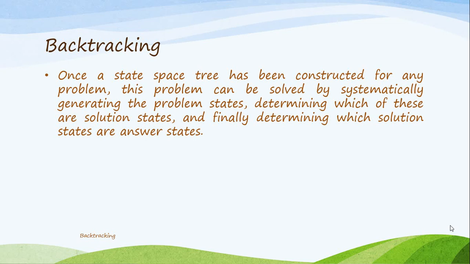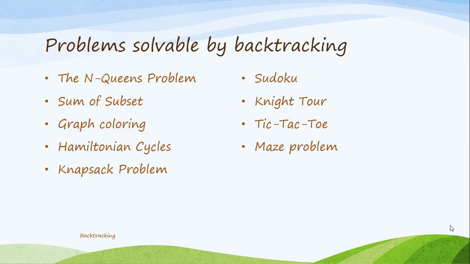That means we have to determine the solution states which satisfy all the constraints, and those solution states are called answer states. And all those answer states are the final solutions for that problem.